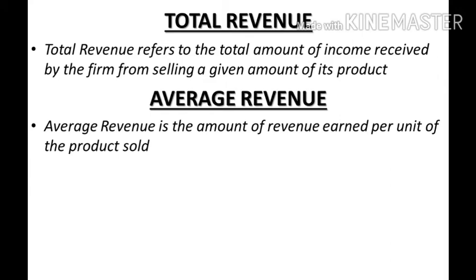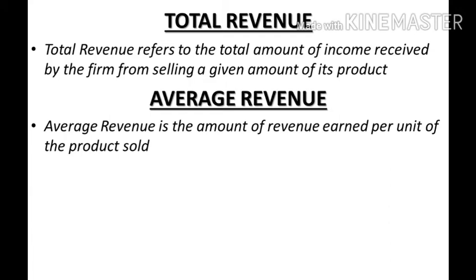Now something different we will talk about here: if all the units of the commodity are sold at the same price. This is a concept which is applied in a perfectly competitive market. You have already studied perfect competition, so you know that the firm is selling all the units of the commodity at the same price, and so the firm is a price taker.